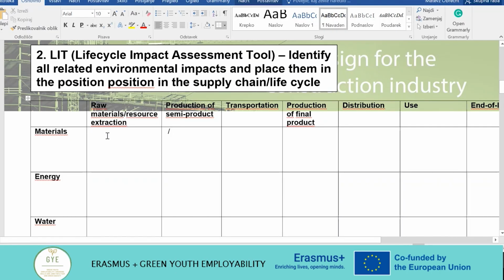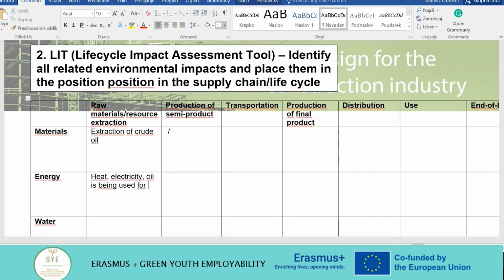You will have extraction of crude oil, for example. If you go back to the beginning of the life cycle of a certain bottle, then you will have energy. So energy, heat, electricity, oil is being used for extraction.